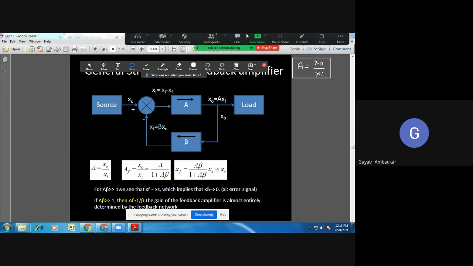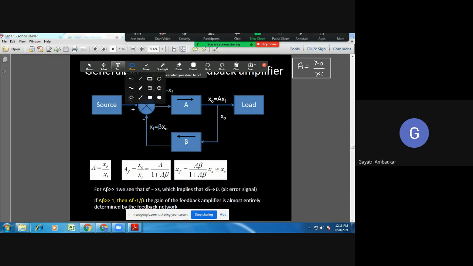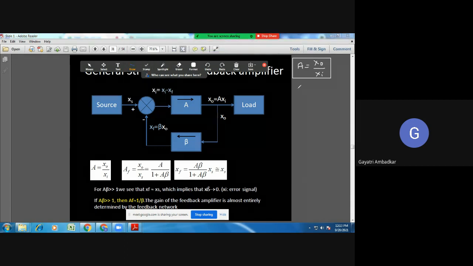With reference to this, I have also explained that output is equal to A times XI. Similarly, I have explained what beta is. It is the feedback gain, the ratio of output of the feedback network to input of the feedback network. The output of the feedback network is XF and the input was XO. So XF is equal to beta times XO. Fine.